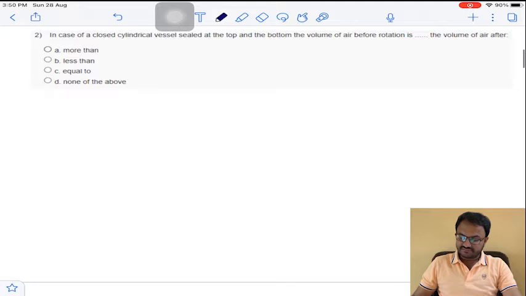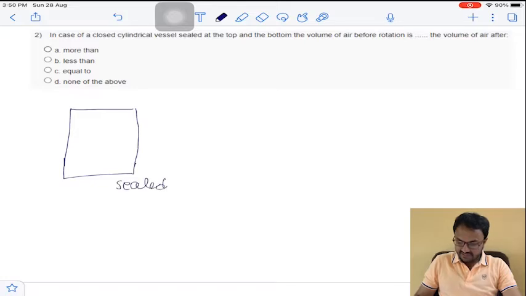Next question. In a closed cylindrical vessel sealed at top and bottom, first of all we will take one closed cylindrical vessel which is sealed at the top, sealed at the bottom as well. Now the volume of air before rotation dash the volume of air after rotation.